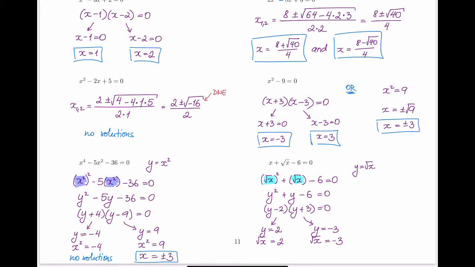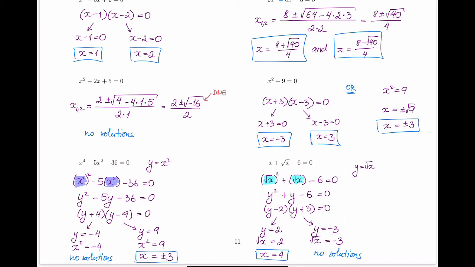Well, there's only one such number, and that is 4. On this side, I have that square root of something is negative, which of course can never be a thing, which means that this right-hand side produces no solutions. Okay, so the only solution to my original equation, of course, then is x equals 4.